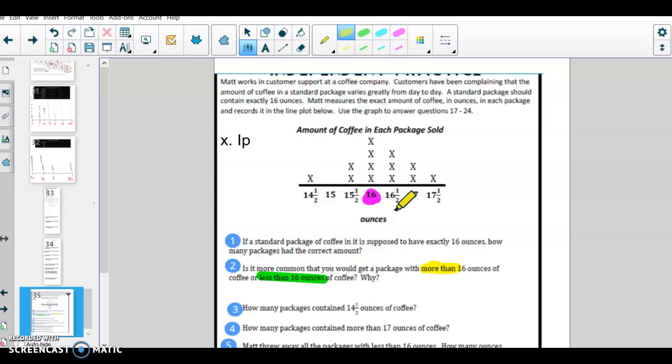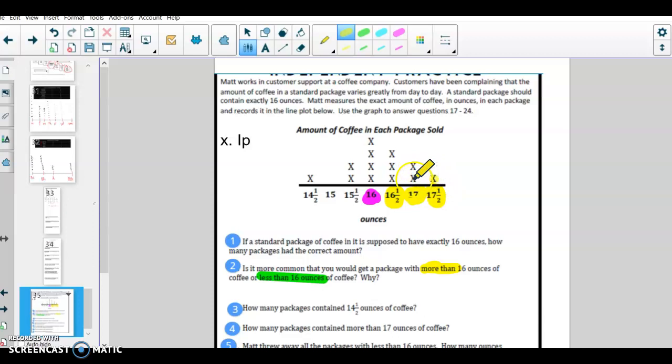Just like if something weighs 16.5 ounces, it weighs a little more than 16 ounces. So if I know that 16.5 ounces is more than 16, then 17 is more than 16 too. And if 17 is more than 16, then 17.5 is more than 16 also.